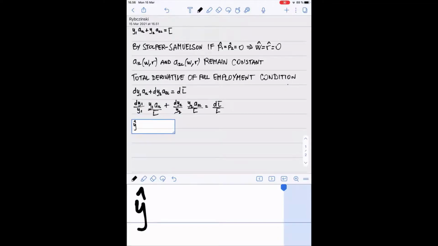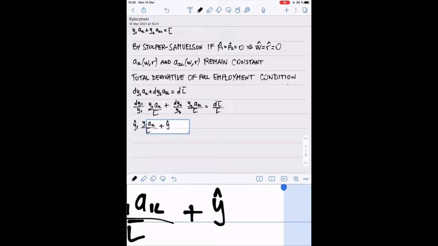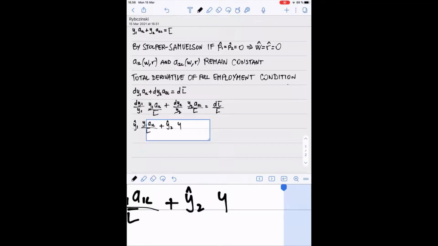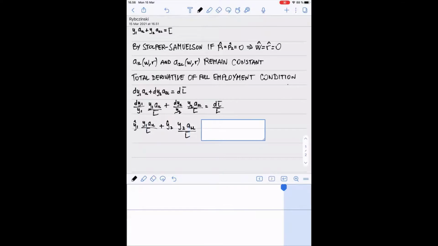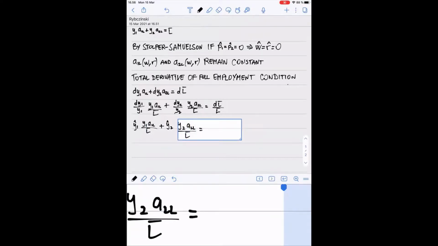So y hat 1 times y1 a1L divided by L bar plus y hat 2 times y2 a2L divided by L bar equals L bar hat.